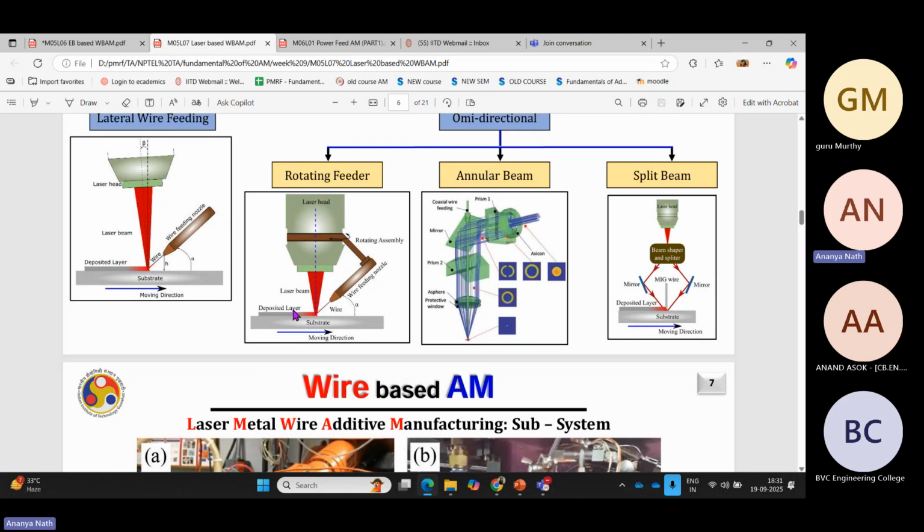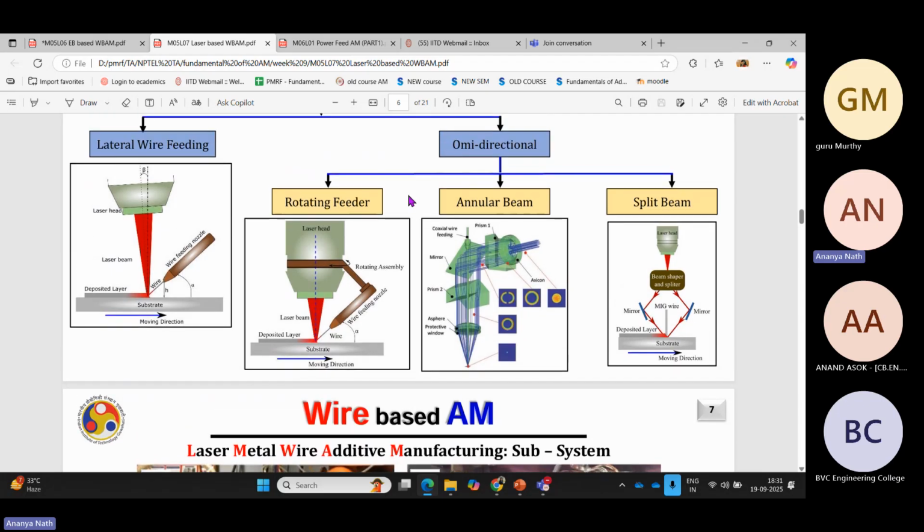Coaxial feeding is similar to the electron beam. From three sides, the laser can come, and from the central part, the wire will come. Here, the side feeding is shown. In side feeding, it's not omnidirectional printing because you'll have directional solidification with this direct side feeding technology.